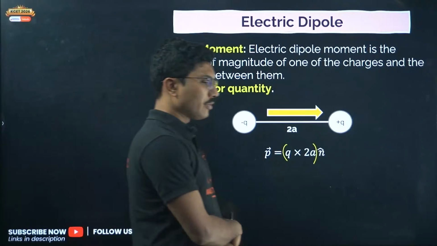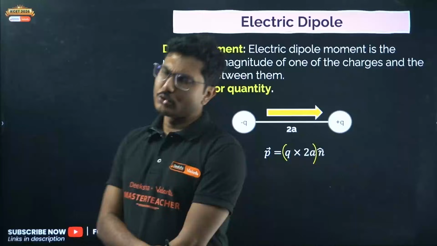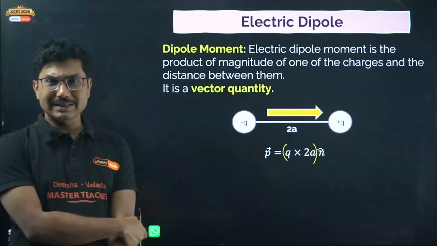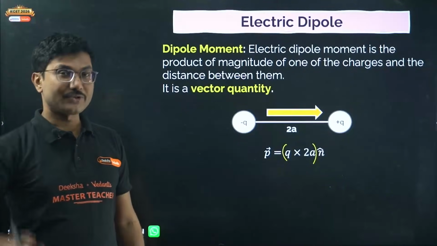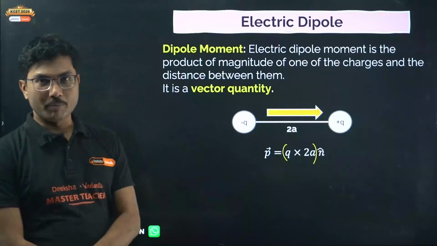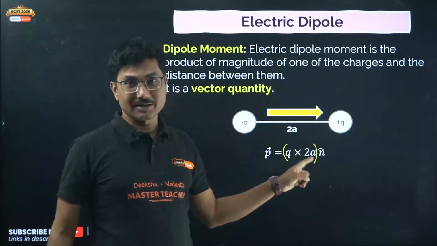So when in some problems you are given a dipole, two charges basically, and a distance between them, and you are asked what is the dipole moment, you have to multiply by 2a. So that's why I am saying if the distance is given while calculating dipole moment, you have to use 2a as a whole. Do not multiply extra 2.